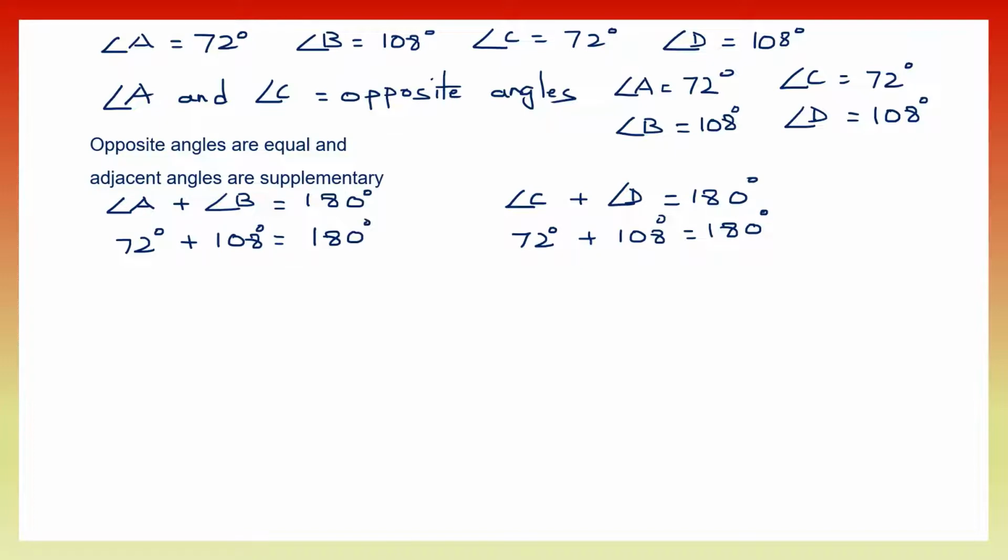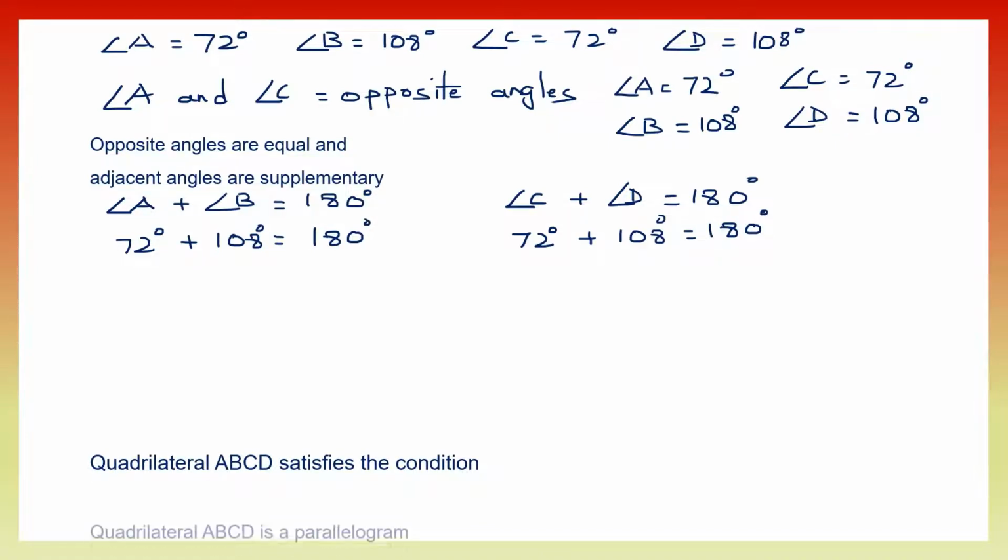So that means this quadrilateral is a parallelogram because the opposite angles are equal and the adjacent angles are supplementary. So quadrilateral ABCD satisfies the condition and quadrilateral ABCD is a parallelogram.